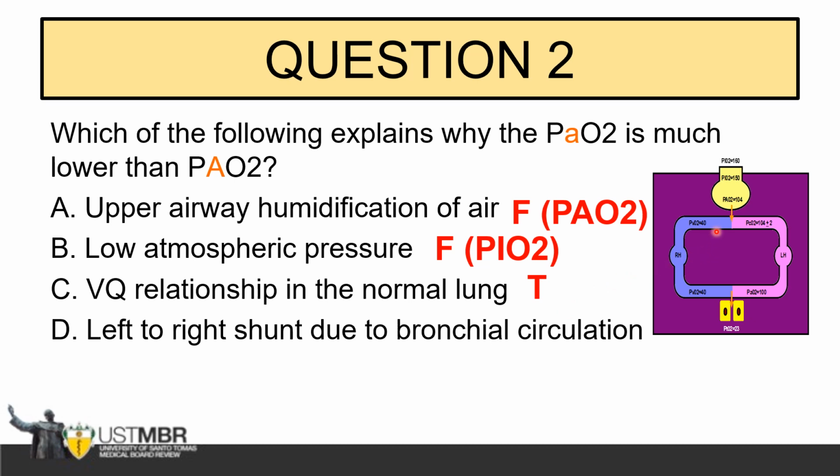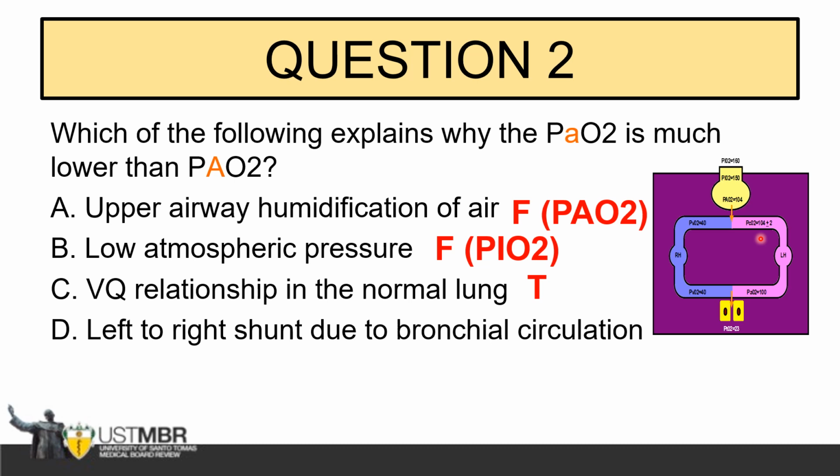Okay, that is responsible why there's a difference between the alveolar oxygen tension and the end capillary O2 tension. As I mentioned earlier, the VQ relationship of all of the respiratory units on an average is 0.8, and therefore the end capillary O2 tension is expectedly to become less than 104.